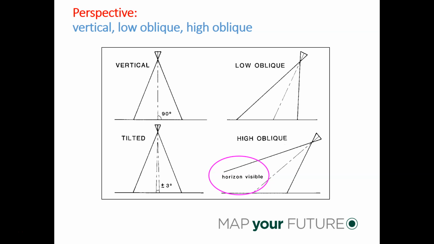Oblique imagery is a certain type of imagery that is collected on purpose, as I said, to get a certain perspective of the landscape, sort of like a three-dimensional perspective. And then we have the high oblique view. Again, it's taken at a certain angle of a landscape, but with high oblique view, we take the photograph so that we actually can see the horizon.